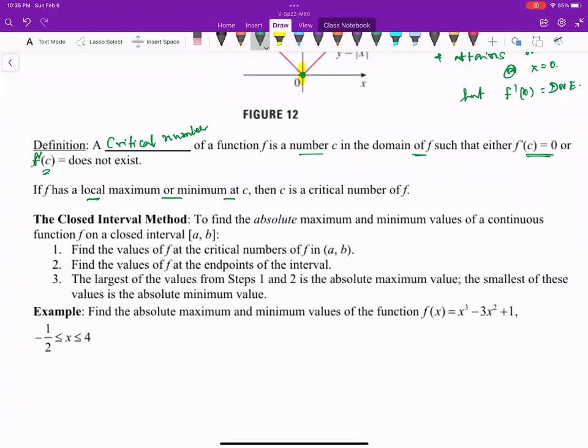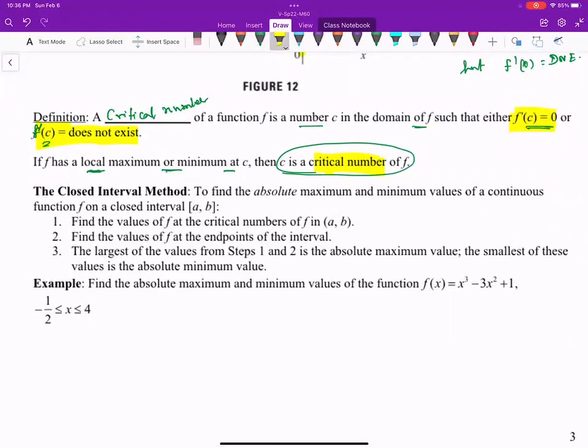Then it is possible that the derivative doesn't even exist. So we can combine and say if f has a local maximum or minimum at c, then c has to be a critical number. What do we mean by critical number? Either the derivative equal to 0 or the derivative does not exist.